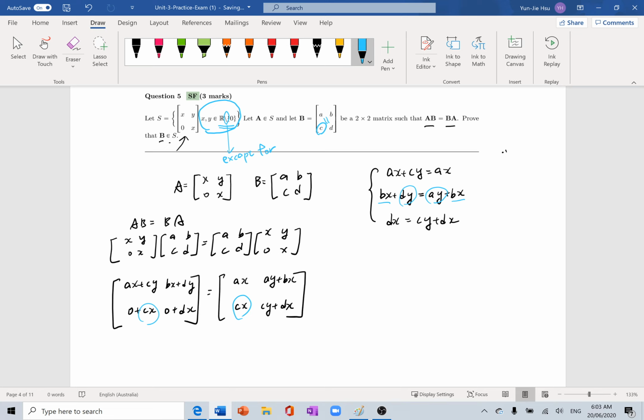So from 2, solve the equation, therefore you will find dy equal to ay. You can divide by y. That's why the condition tells you y cannot be 0, okay? So you can get a equal to d.